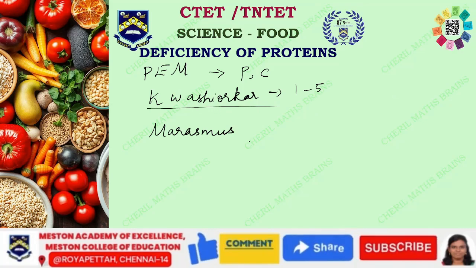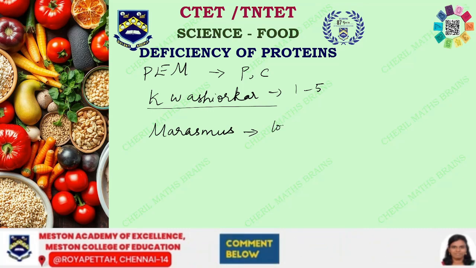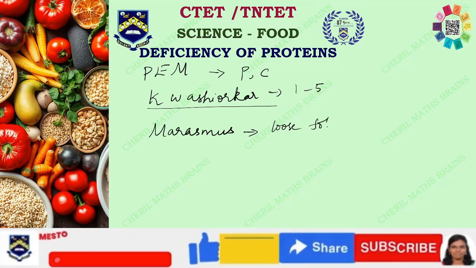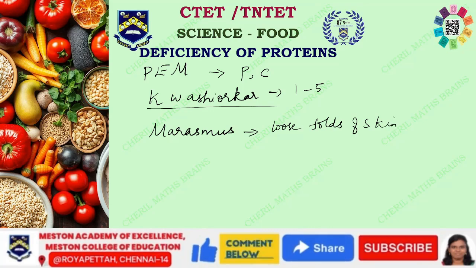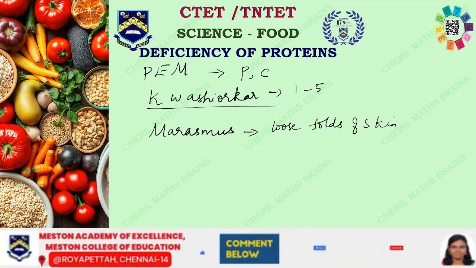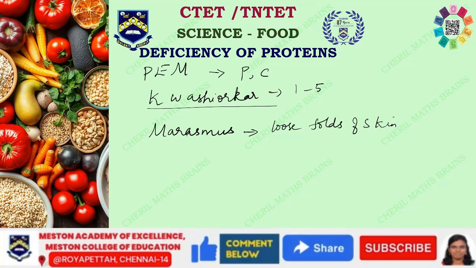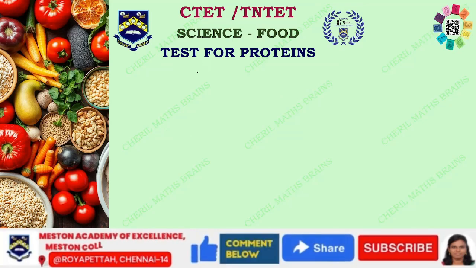And marasmus is again something similar, but the child will develop very thin and loose folds of skin all over the body. So these are the two conditions of protein energy malnutrition which are likely to occur when a person is deficient of proteins. So proteins are equally important.